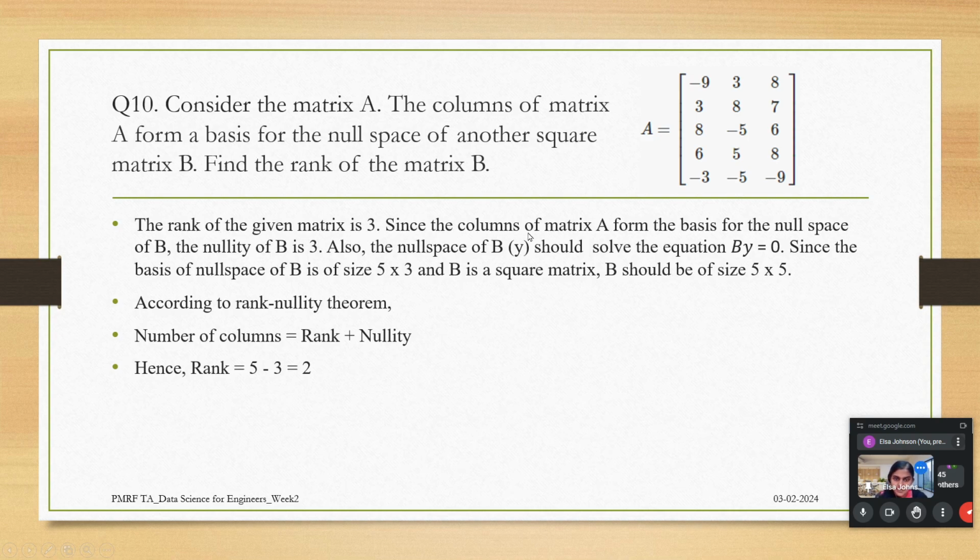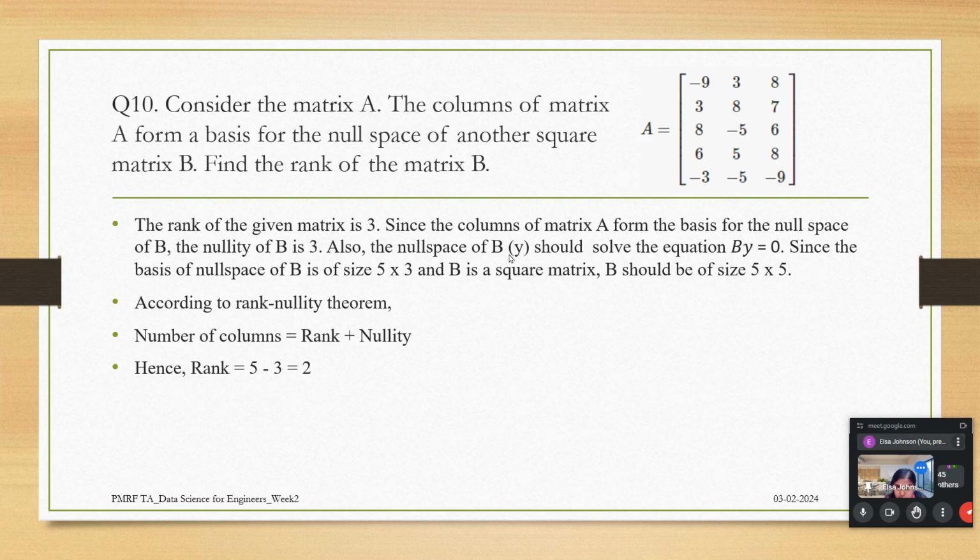Why? Since the columns of the matrix A form the basis for the null space of B, you can obtain the rank of the matrix as 3. And it's written that the columns of matrix A form the null space for another square matrix B. So you can tell that the nullity of B is equal to 3.